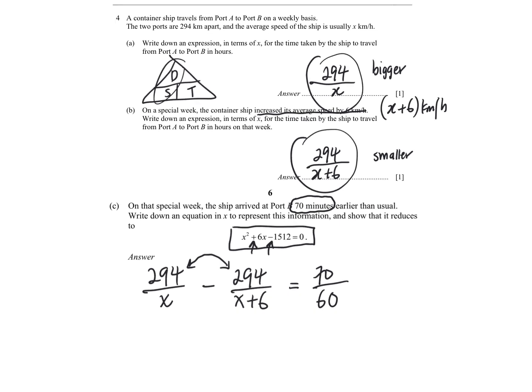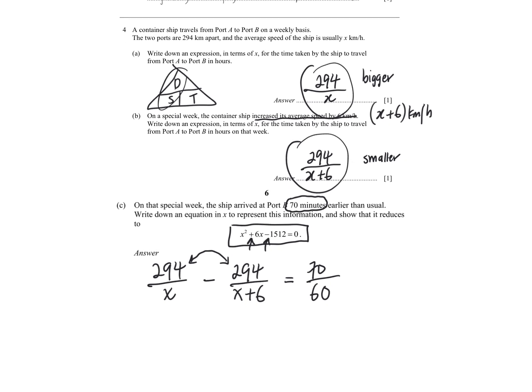Okay, last one. To get rid of the denominator, actually you can treat this as one number. Multiply everything by x and x plus 6. So again, we check the first one. This one cancels out.